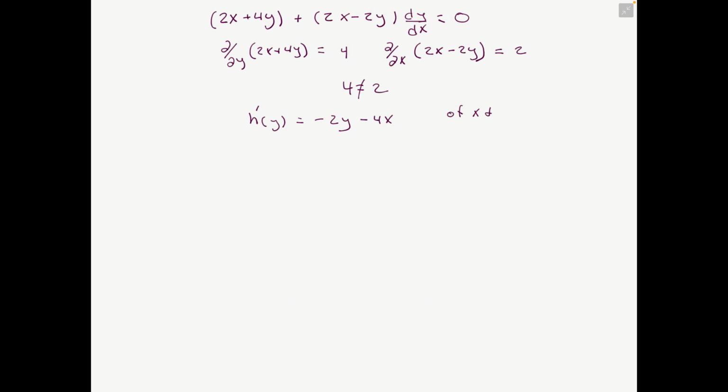And 4 is not equal to 2, at least as far as I know, and so there's no solution.